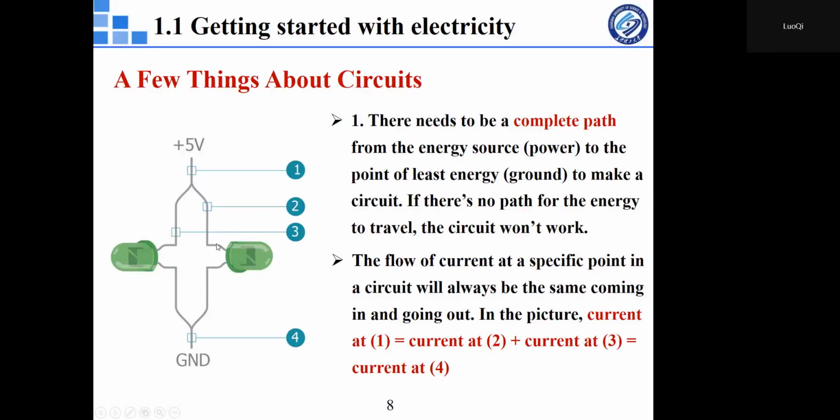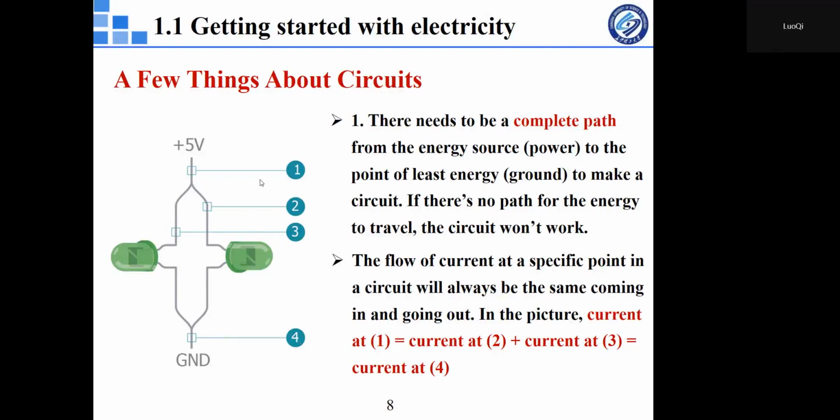In the picture, you can see the current at 1 is equal to the current at 2 plus the current at 3, and is equal to the current at 4.